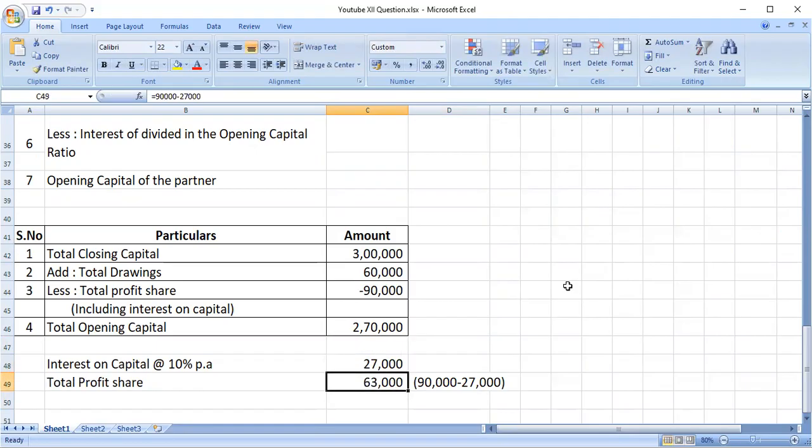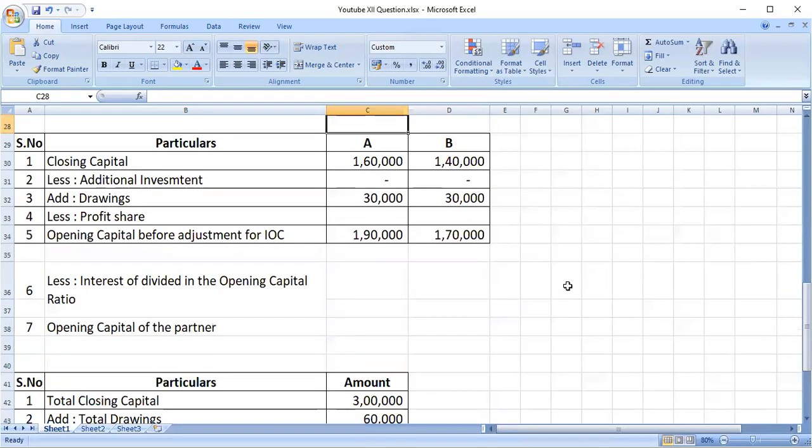So this 63,000 would have got divided in the profit sharing ratio, while this 27,000 would have got divided in the ratio of the partners' opening capital. Okay. So in order to find out how much the opening capital is, first let me reduce the profit share from the partners' closing capital.